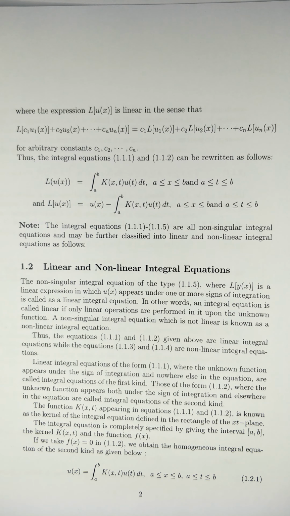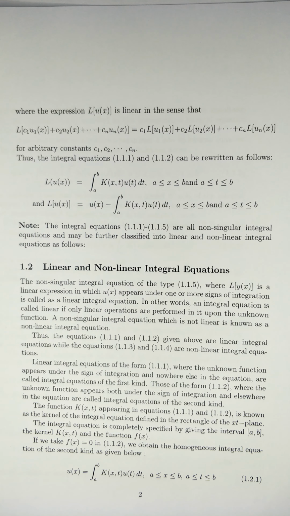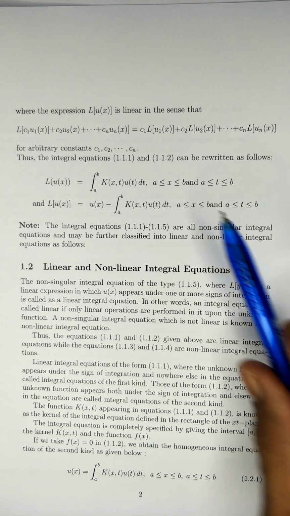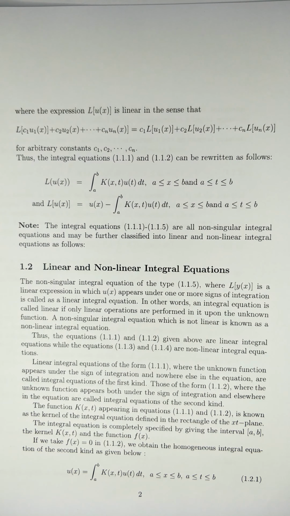So if any operator can be written like that, we call it a linear operator.